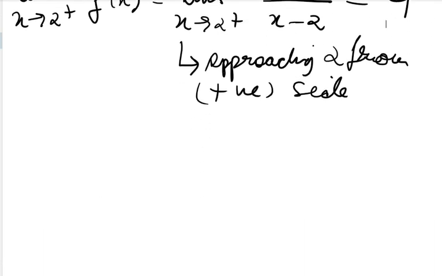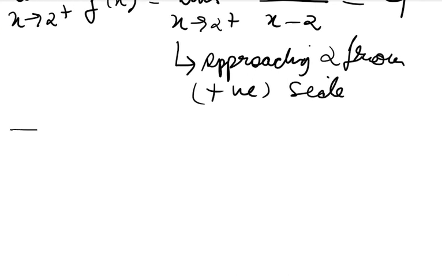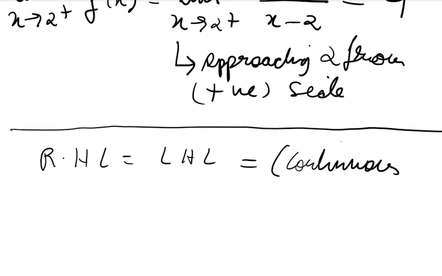So you have learned how to find limit from the right hand side, how to find limit from the left hand side. When the RHL is equal to the LHL, then that type of function is called continuous. Okay, but continuity we shall learn later on, because we are learning about limits.